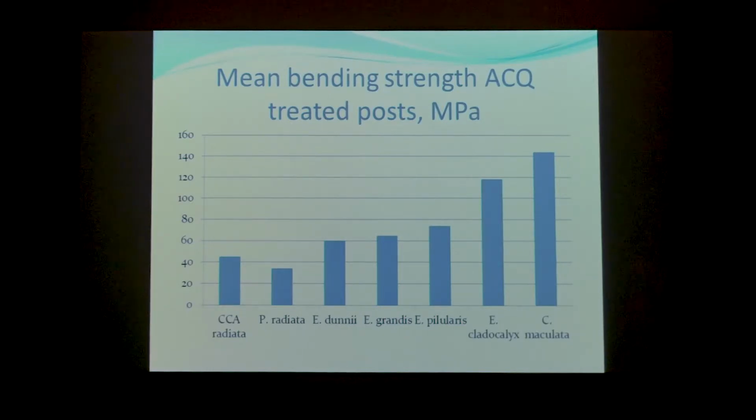In this trial, the ACQ treated radiata pine, the second column there, was actually a bit weaker than CCA treated pine, but that's not necessarily a consistent finding for ACQ treated timber, but it was in this case.